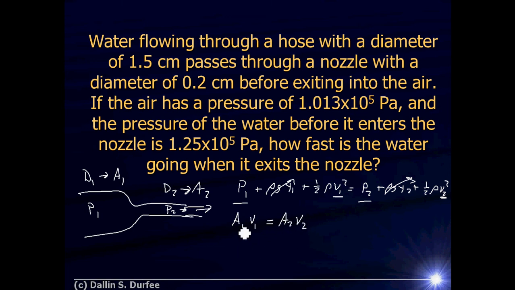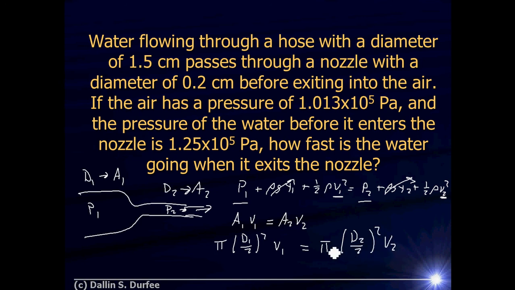All right, and the cross-sectional area is just pi r squared, which is diameter over 2 squared times v1. And then the cross-sectional area in the nozzle is just going to be pi times the diameter in the nozzle over 2 squared times v2.